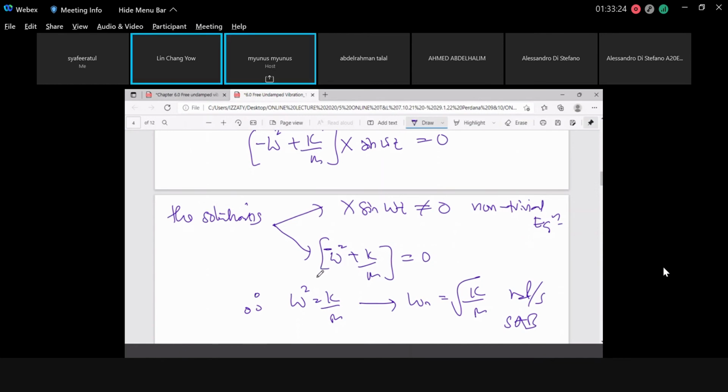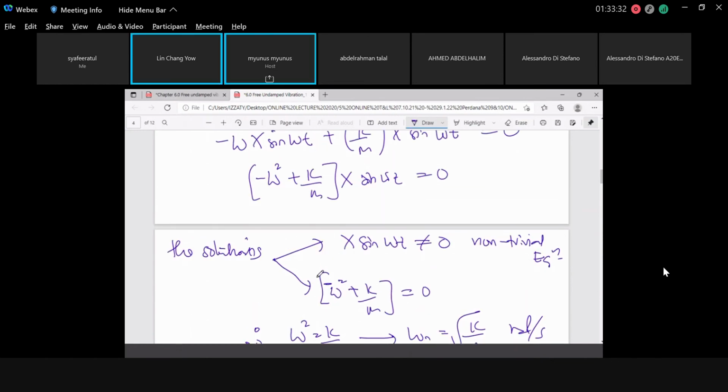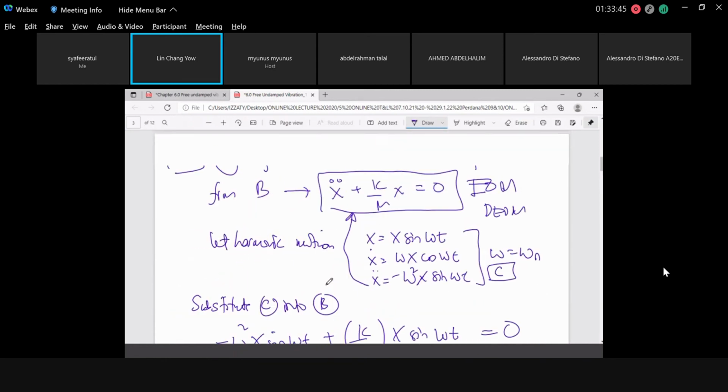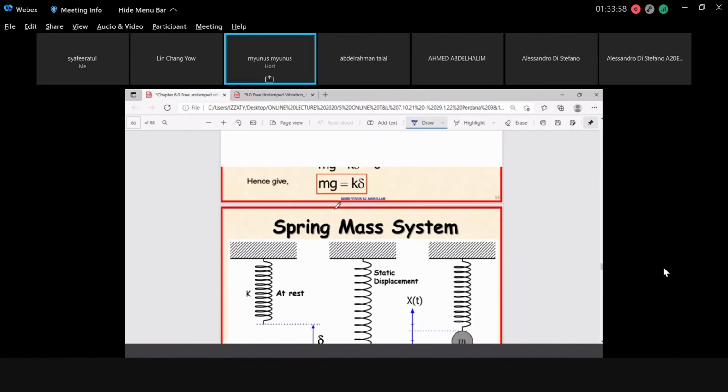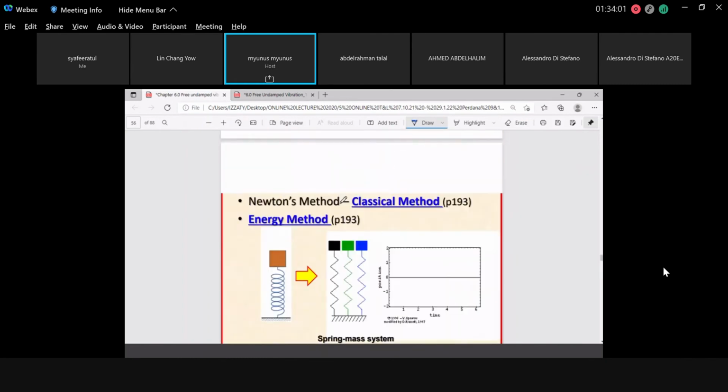Doctor, what is the x actually? Because in the book it is mentioned with the radius r. Which one? For the x sine omega t? Because in the book it is mentioned that y equals r sine omega t. Oh, y. Okay, let me go back to the principle just now.